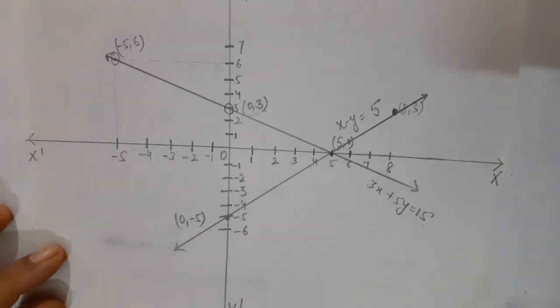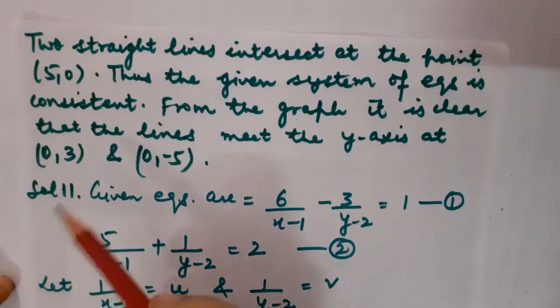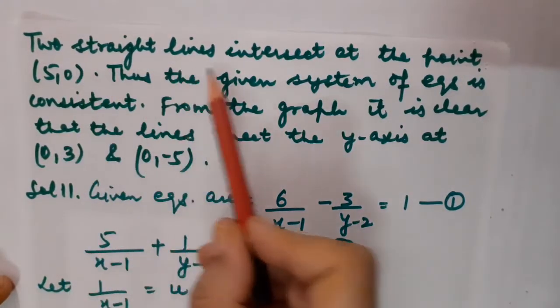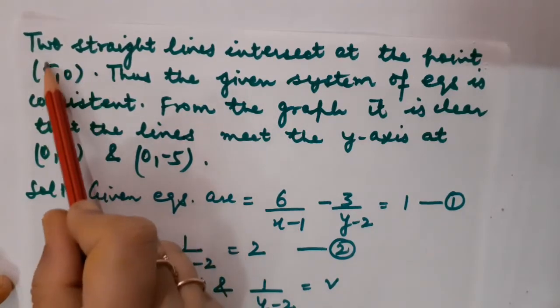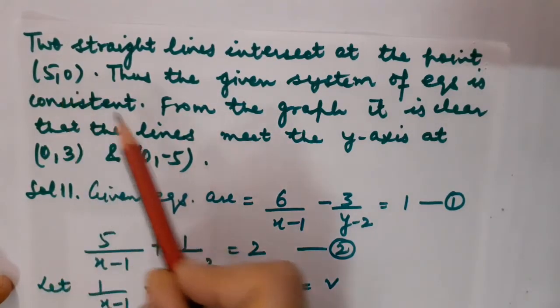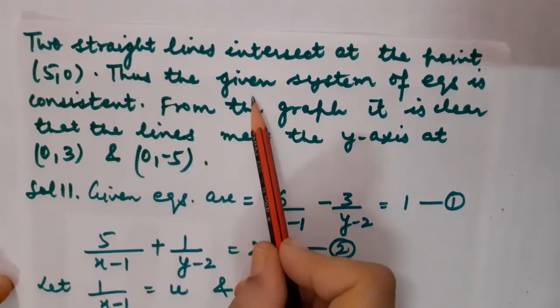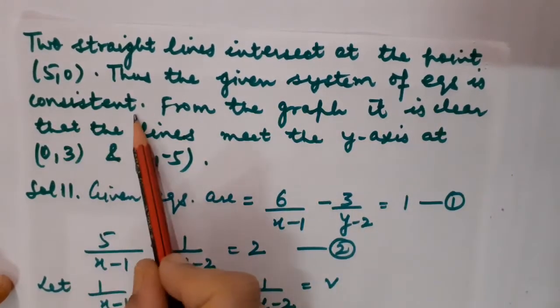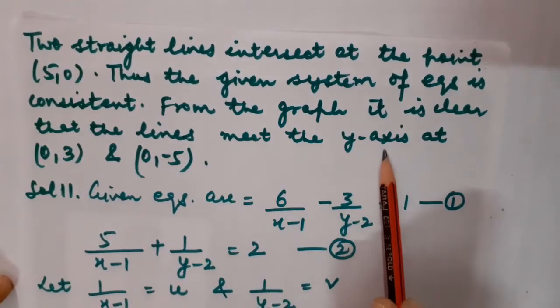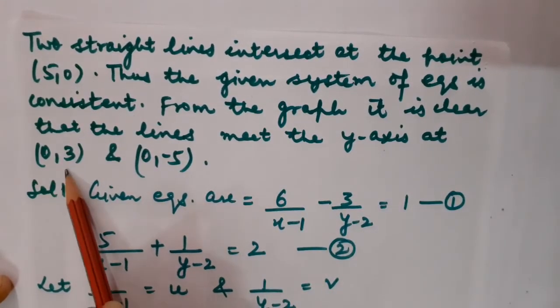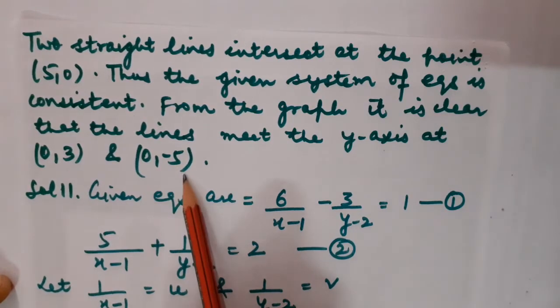If there is any mistake, then rectify your error. The same thing I have spoken, that two straight lines intersect at the point 5, 0. So it means this will be the solution for them. As the solution is unique, then the system of equation will be consistent. So from the graph it is clear that the lines are going to meet y-axis at 0, 3 and 0, minus 5.